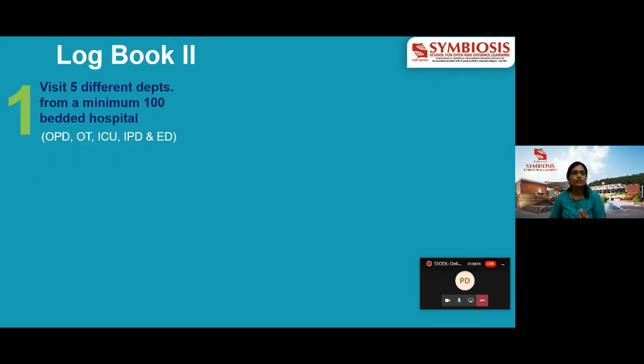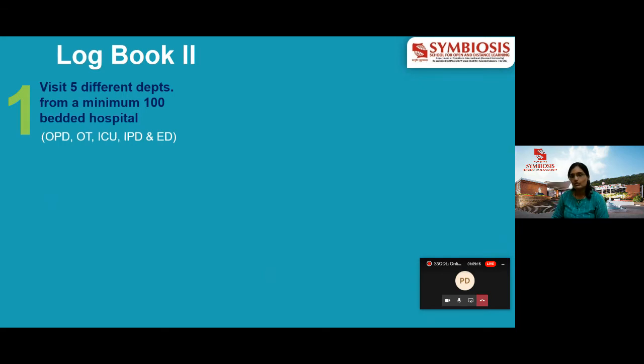The first thing you have to do for logbook 2 is visit 5 different departments of a minimum 100 bedded hospital. Which are these 5 departments? OPD, outpatient department, then operation theatre, intensive care unit, inpatient department and emergency department.